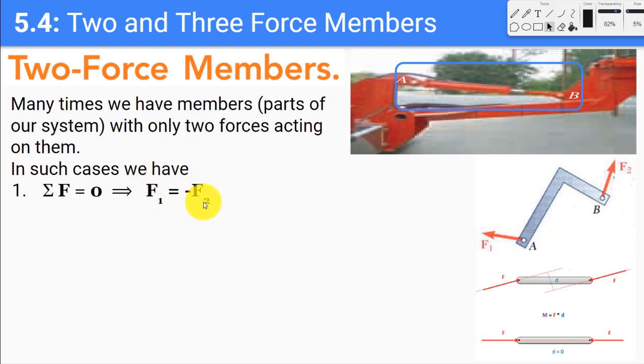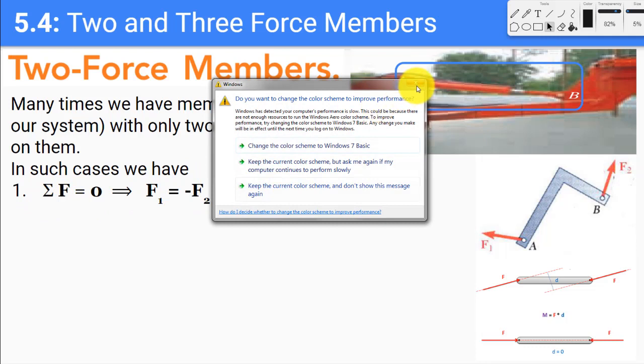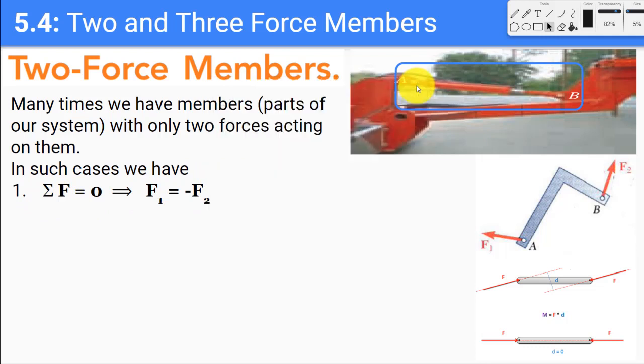So these two forces need to be equal to each other and they have to be in the opposite direction. So that is the first thing that we learn from two force members, that the two forces need to be equal and opposite in direction.